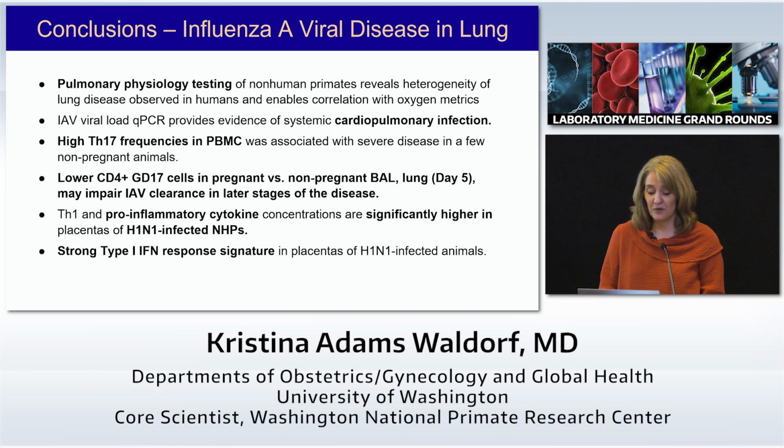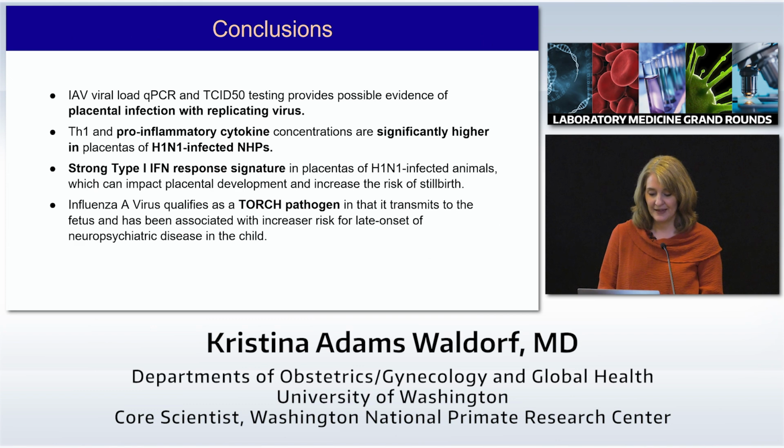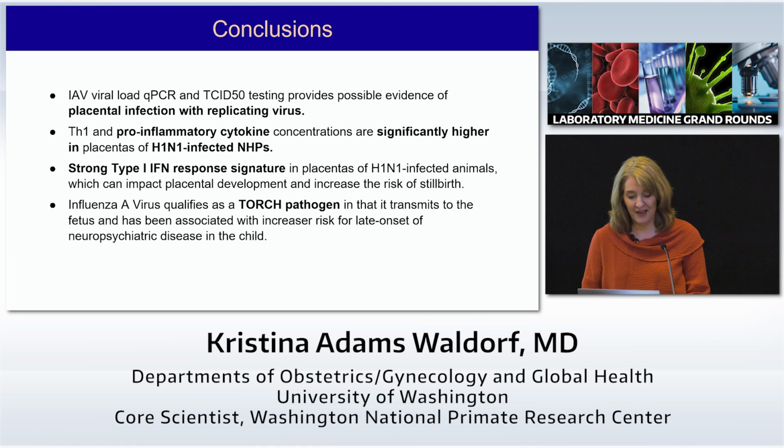We've got Th1 and pro-inflammatory cytokine concentrations that are very high in the placentas of the flu-infected non-human primates and a very strong type 1 interferon response signature in those placentas. And I think influenza A virus qualifies as a TORCH pathogen in that it transmits to the fetus, and we have evidence of that, and has been associated with a higher risk of late onset neuropsychiatric disease.